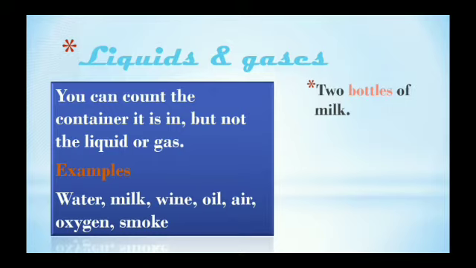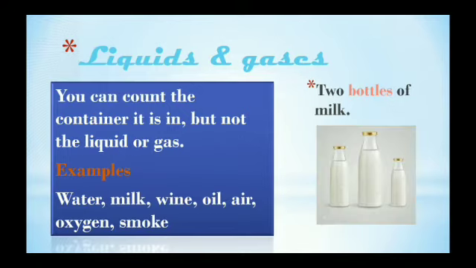But we can count the container in which it is there. 2 bottles of milk. Here we are not counting the milk, but we are counting the container. It can be 2 bottles, 3 bottles, 4 bottles. But we cannot count the liquids or gases, and these come under uncountable nouns.